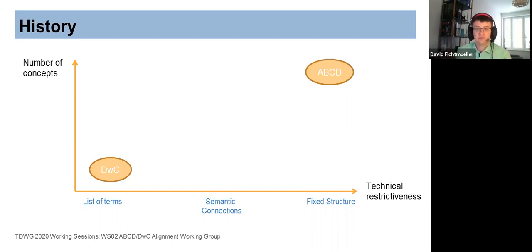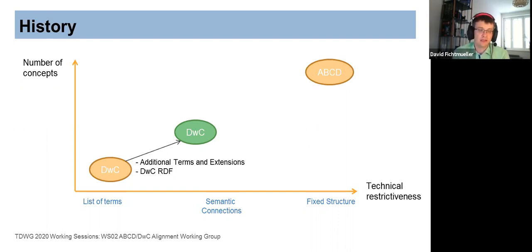So this was the status a couple of years ago, but times change and standards evolve. Over time, a lot more terms were added to Darwin Core, and there were a lot more extensions. There was also the Darwin Core RDF guide on how to use Darwin Core terms within a more semantic structure.